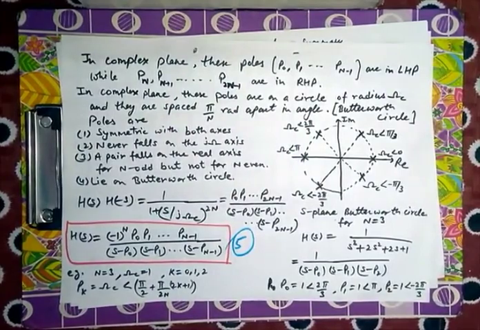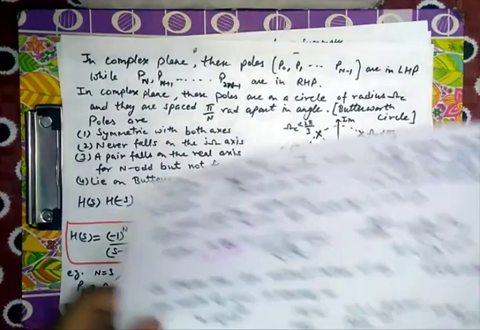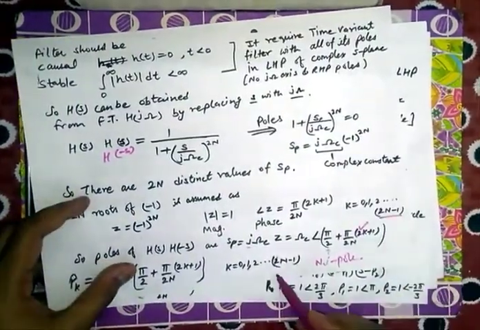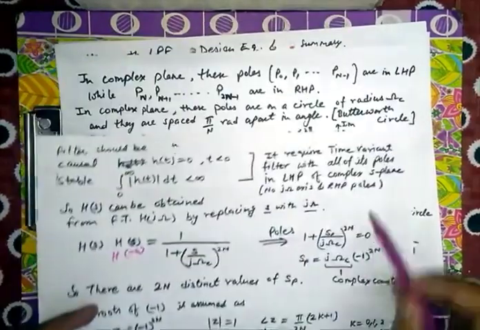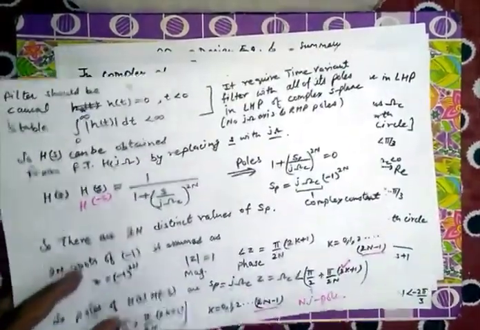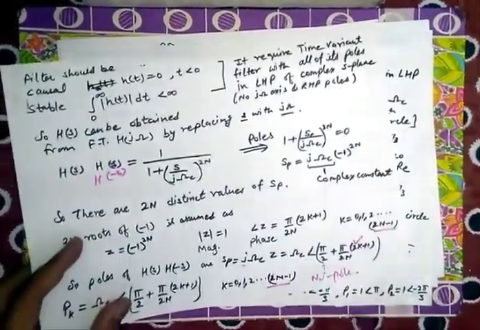Because we have written there 2n minus 1, and further we can check that from this 0 to 2n minus 1, only 0 to n minus 1 poles are in the left hand side, and from n to 2n minus 1 poles are on the right hand side.